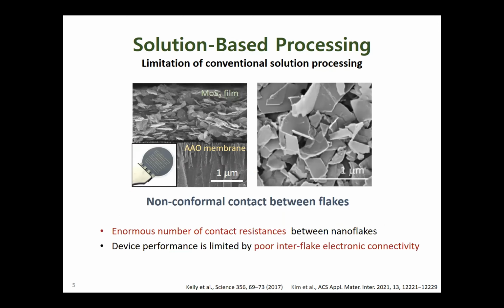So, when exfoliated nanoflakes are assembled into a film network structure, non-conformal contacts are formed between nanoflakes. This results in an enormous number of contact resistances and poor interflake connectivity.